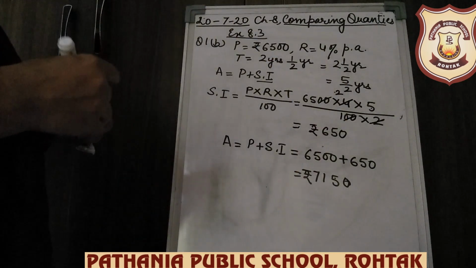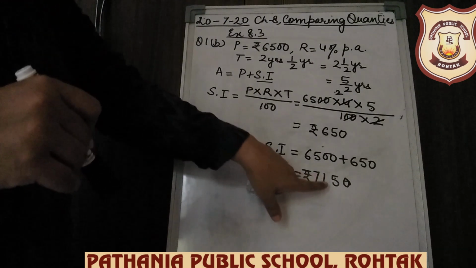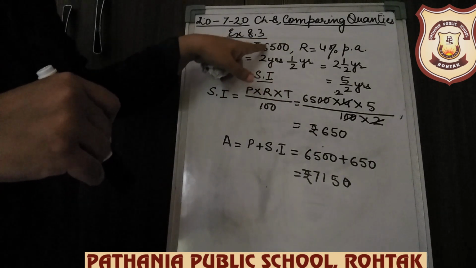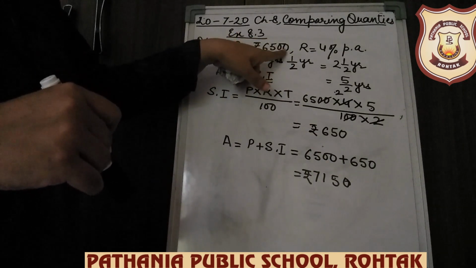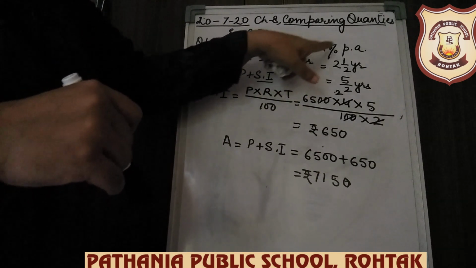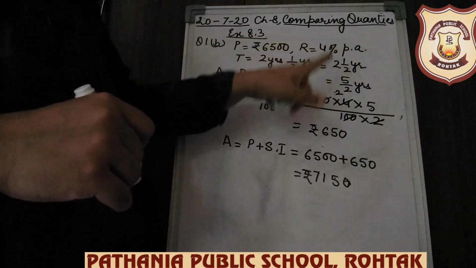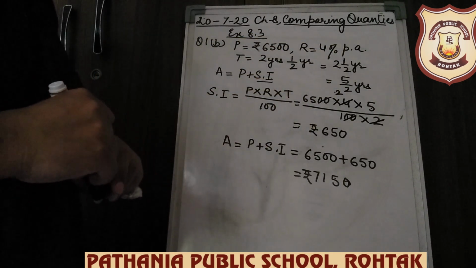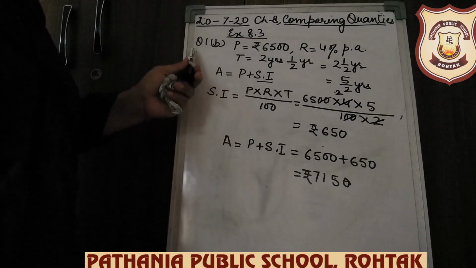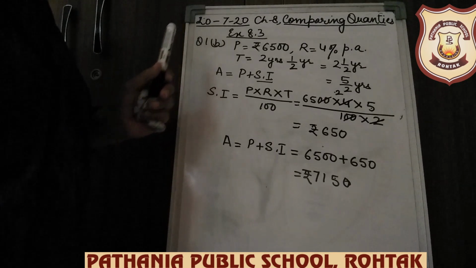So the amount which you are getting, 7150, is at a principal of 6500, when the rate of interest is 4% per annum for a time of 2.5 years. Rest questions are simple, so that's why I have just taken the B part, because here the time is 2.5 years.